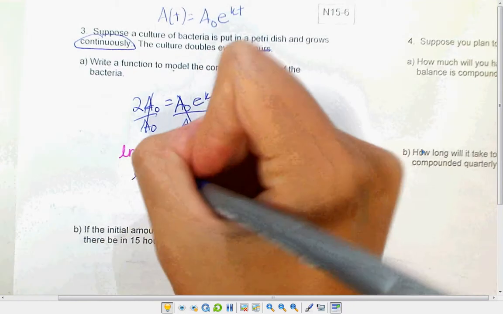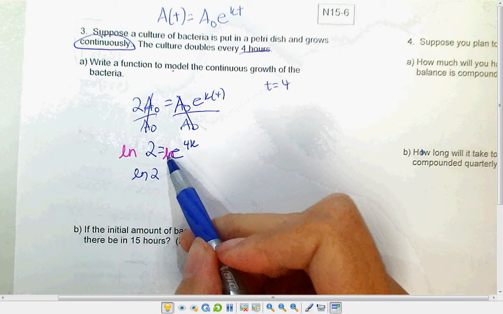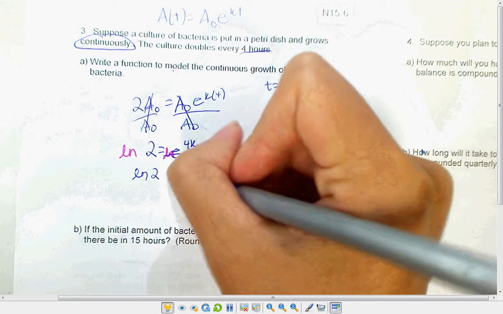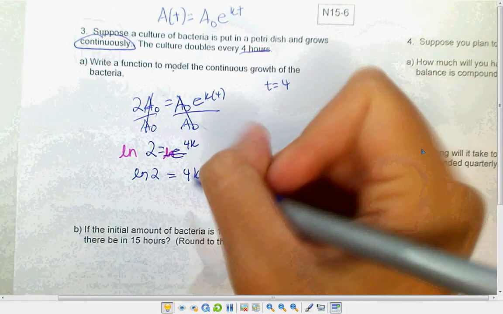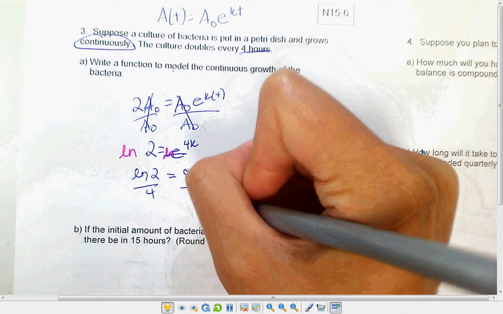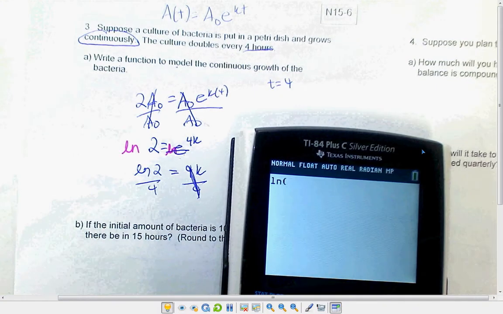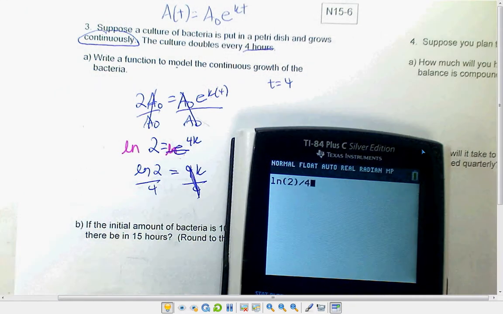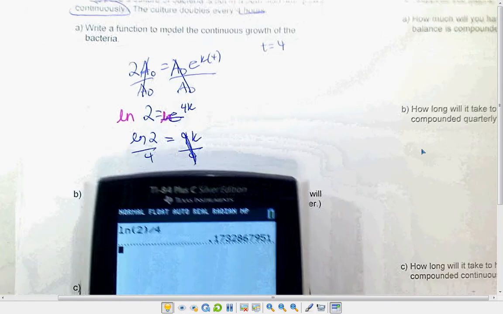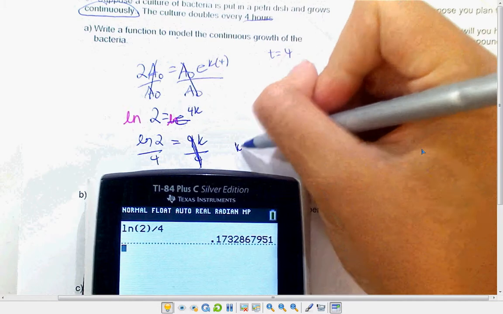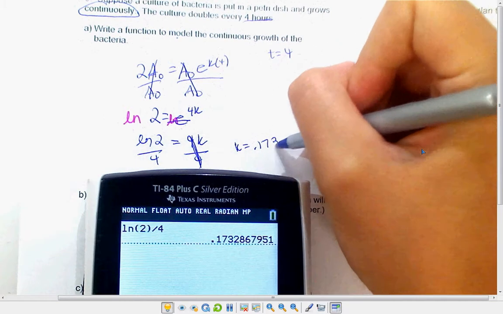So ln of 2 equals 4k, since natural log and e cancel out. Now we divide by 4 on both sides to get k. In our calculator, natural log of 2, close parentheses, divided by 4. So we get that k is equal to 0.173.